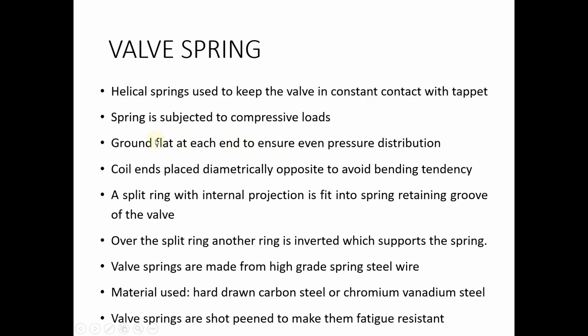So the ends of the springs are ground to a flat profile to ensure even pressure distribution, and coil ends are placed diametrically opposite to avoid bending tendency. That means if one end is starting from a region, the other end of the spring will be at the diametrically opposite end.